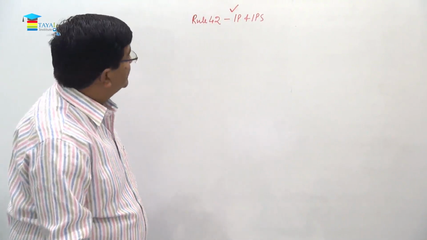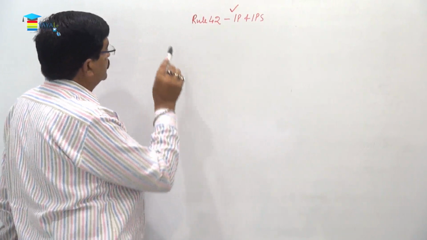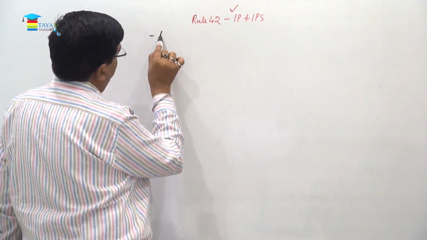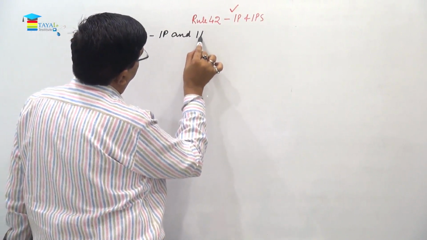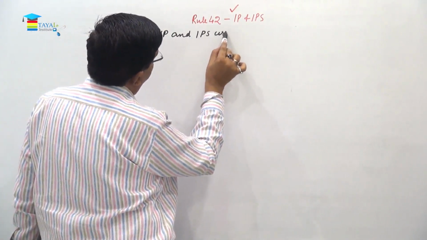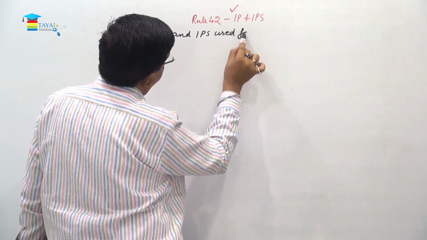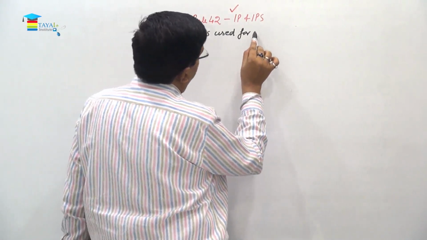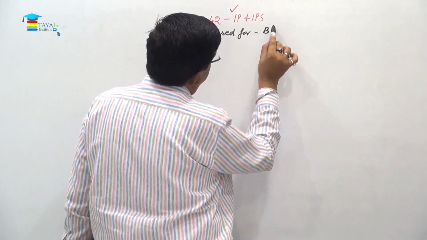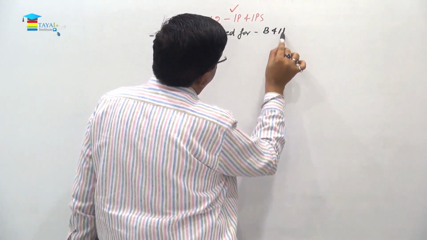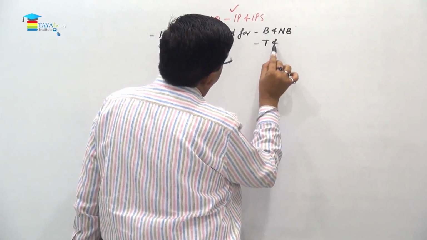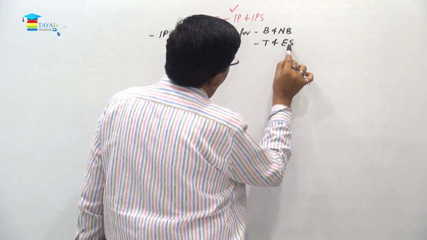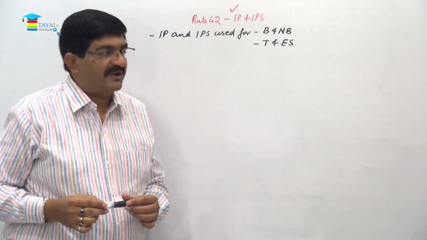So when the rule becomes applicable, input and input services are used for business and non-business, taxable as well as exempt supplies.